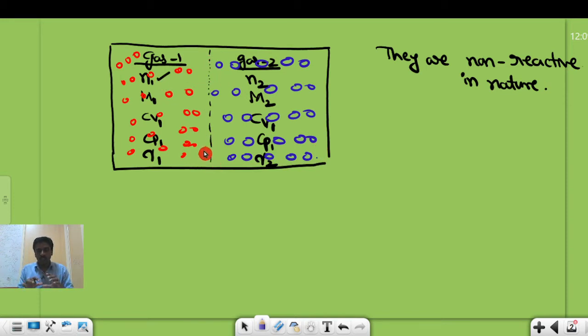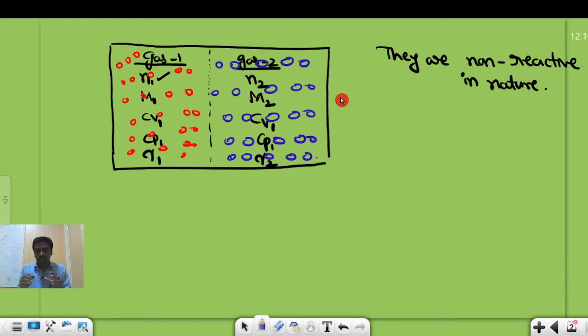The two gases mix together, forming different values of the number of moles, molar weight, molar specific heat at constant volume, molar specific heat at constant pressure, and adiabatic constant of the mixed gas.